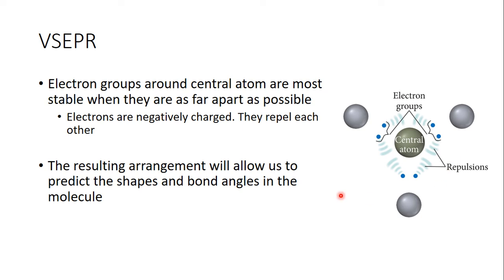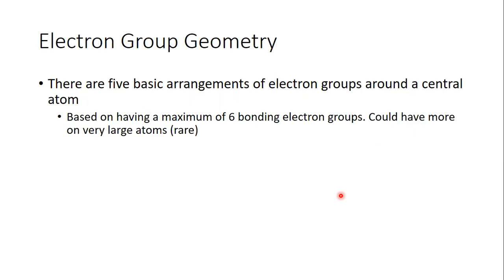We're saying, how can we position these groups so that the electrons are the furthest away from each other as possible? We're going to look at 5 basic geometries around a central atom. We have 5 geometries because we can have a maximum of 6 things binding to our central atom.